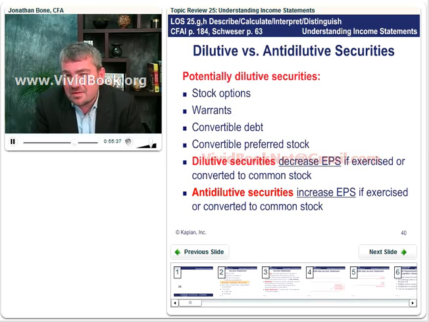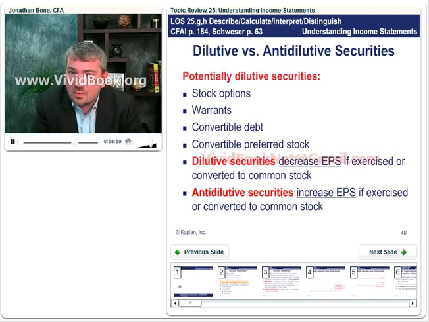So if on conversion this year they were to cause EPS to fall, they're dilutive. If on conversion this year they were to cause EPS to rise, then they're anti-dilutive, and we ignore them from our EPS calculation. So we only want to include the potentially dilutive securities that cause EPS to fall.